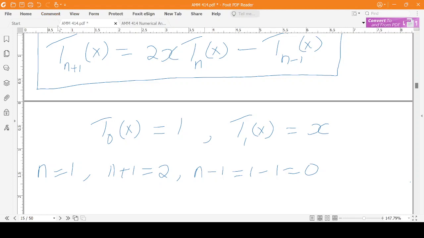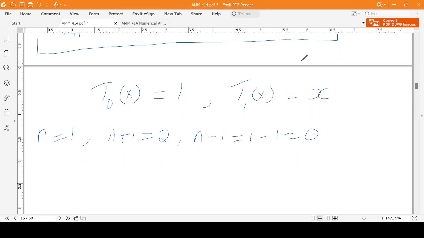So from this relationship, we call it the recurrence relation, we shall have T2 of x is equal to 2x times T1 of x minus T0 of x.